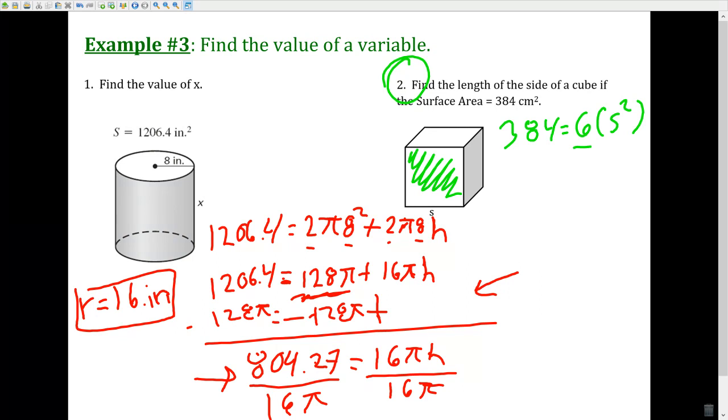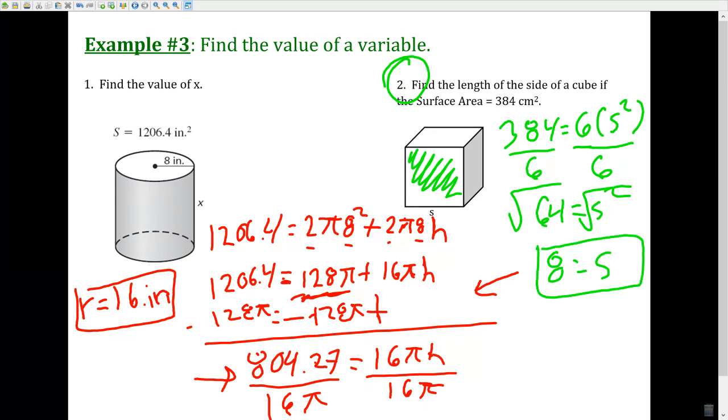That's how I came up with that. All right, so I'm going to divide both sides by 6. And I get 64 equals s squared, right? And now I see the nice number coming out of this. This is 8 equals s. Sweet. Centimeters, sure. And just centimeters because it's just the side, right?